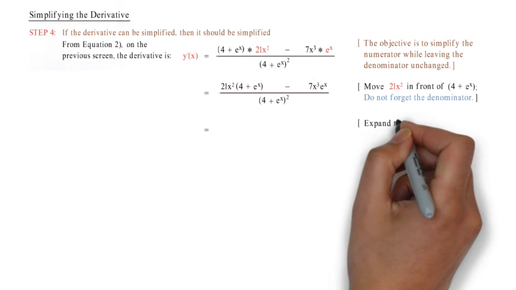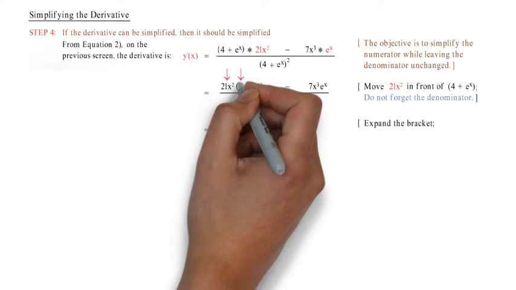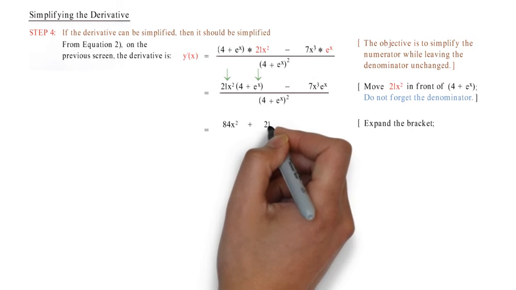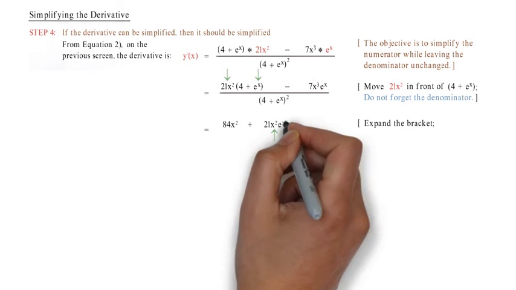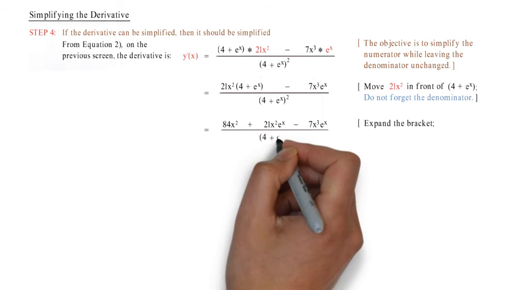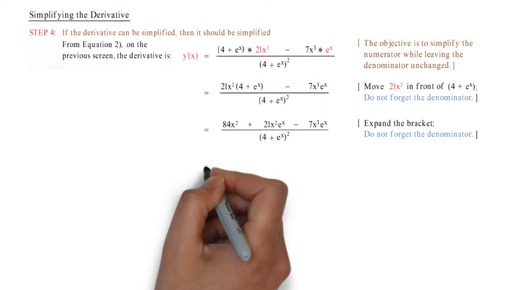Equals. Expand the bracket. 21x squared times 4 is 84x squared, plus 21x squared times e to the x is 21x squared e to the x, minus 7x cubed e to the x, divided by 4 plus e to the x all squared. Do not forget the denominator. Equals.